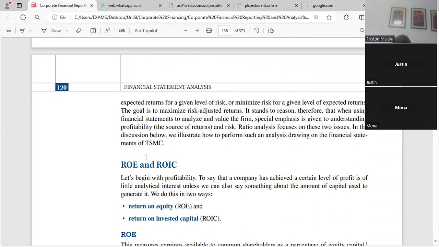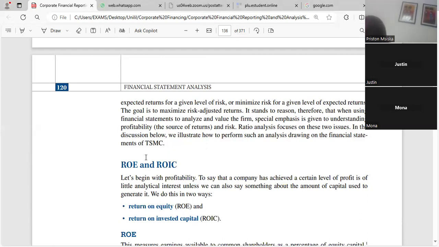So if you bought shares, you want to see what is the return on your shares. What is the return on equity? Or what is the return on the invested capital? So you will need to calculate what these ratios are showing. Okay?